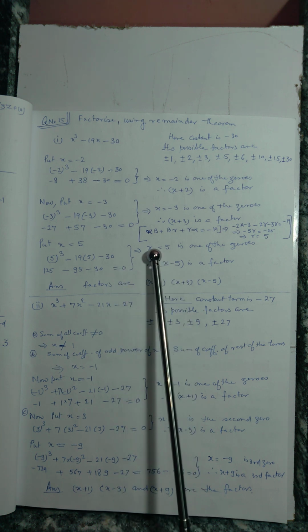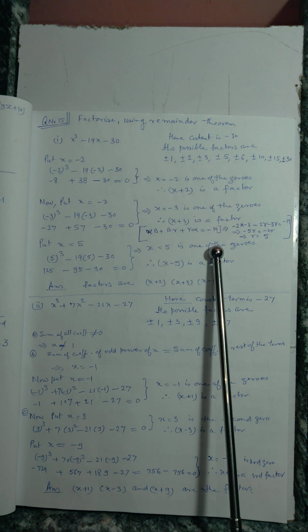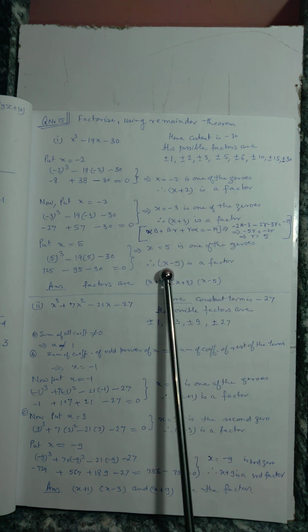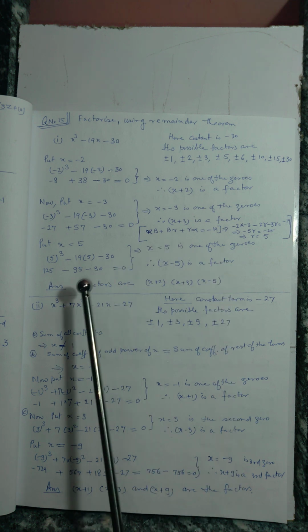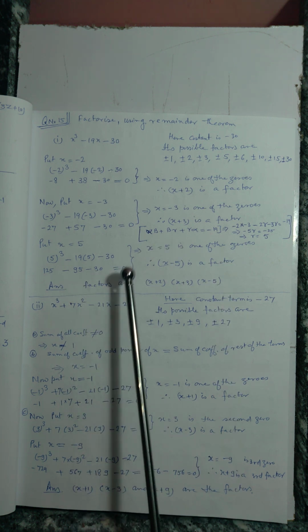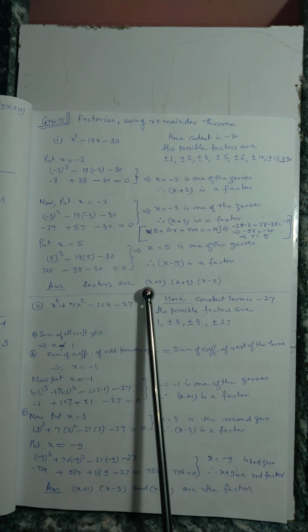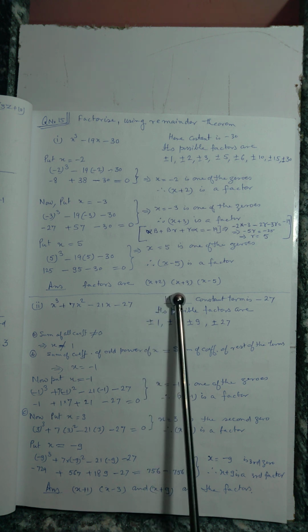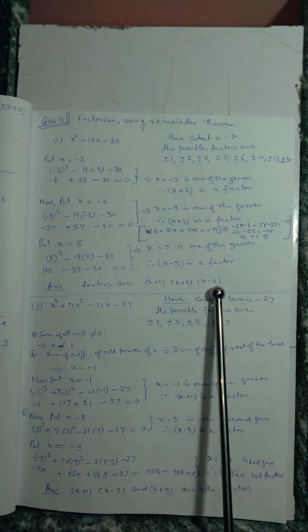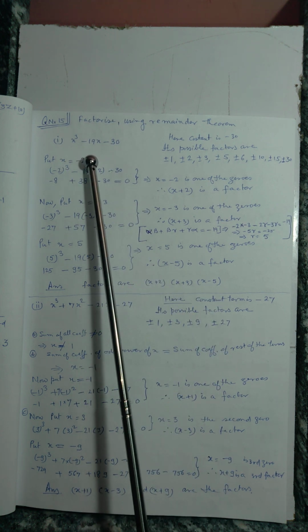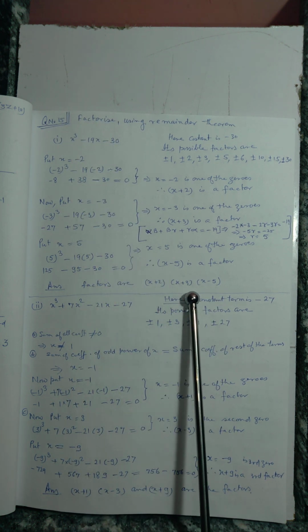Therefore, x equal to 5 is one of the zeros and x minus 5 is a factor. Now the factors of this polynomial are x plus 2, x plus 3 and x minus 5. These are the three factors of the given polynomial, hence it is factorized.